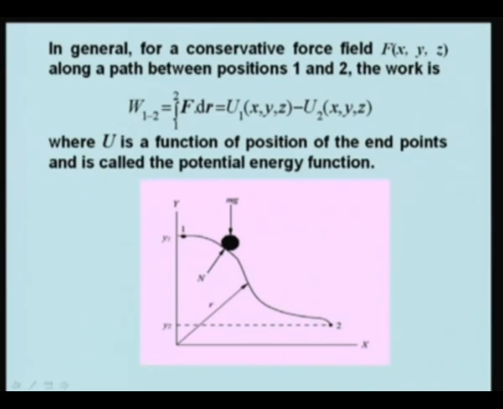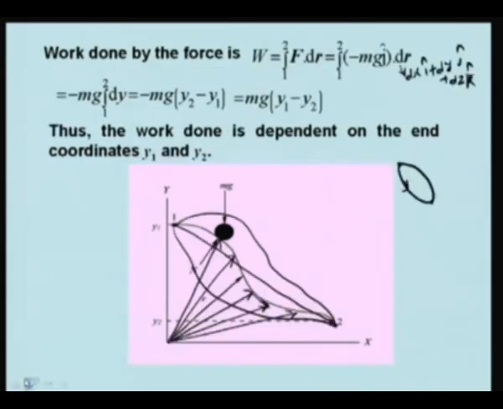Like in the previous case, the work done between 1 and 2 is mg(y1 minus y2). So mg y1 can be written as the potential energy U1, and mg y2 is the potential energy U2.